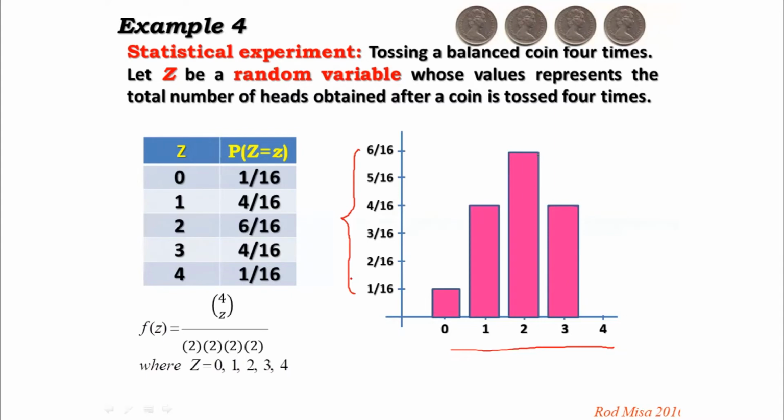Random variable 3 with probability 4 over 16. And lastly, for the random variable 4, having a probability of 1 over 16. Then you can see here that there are 3 ways of representing a probability distribution, using a tabular representation, or a functional representation, or a graphical representation for this statistical experiment of tossing a balanced coin 4 times.